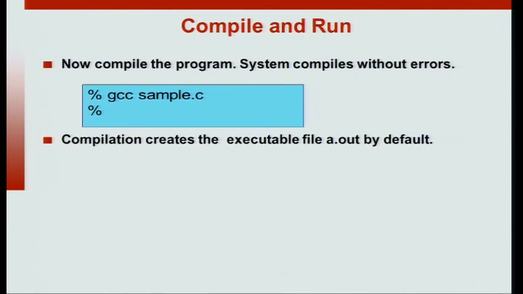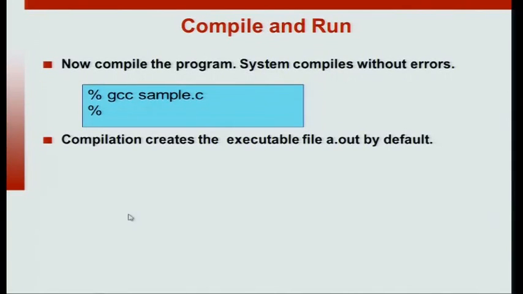Now if you compile the program and you have typed the program correctly, then a new file called a.out will be created. If you type gcc sample.c and if there are no errors, it will just say nothing. If it says something, then there is a compilation error.